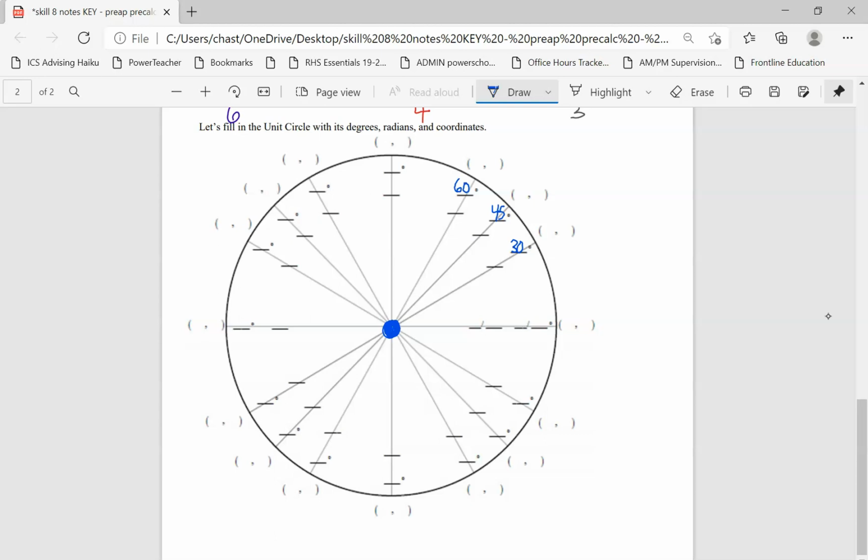So remember, 30 degrees are multiples of 6, so pi over 6. 45 degrees are multiples of 45, but they represent the fourths, so pi over 4. And 60 degrees, when you have multiples of 60, you're dealing with thirds, so pi over 3.